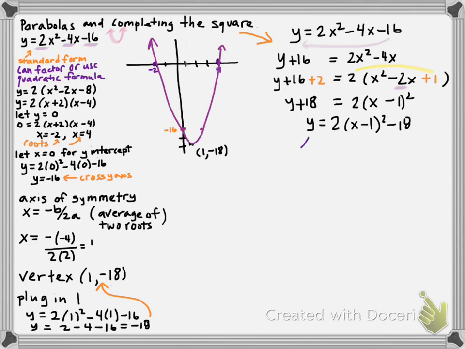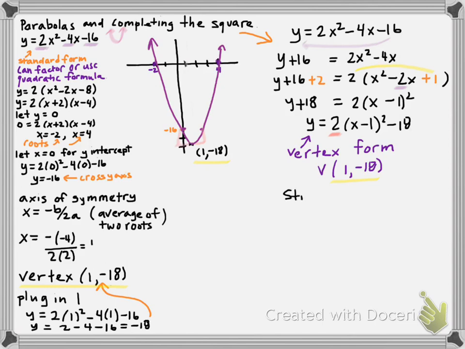I have now completed my square, and this equation is what we call vertex form, or some books will call it graphing form. It tells me what the vertex is, but I already know what the vertex is because I found it by doing x equals negative b over 2a. So you can do it either way, and neither way is wrong. They're both pretty awesome, and they help verify one over the other.